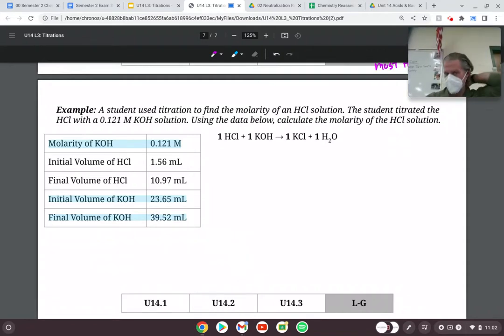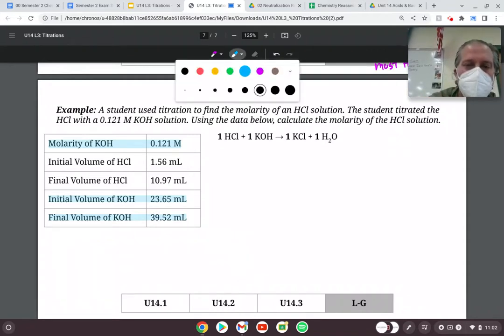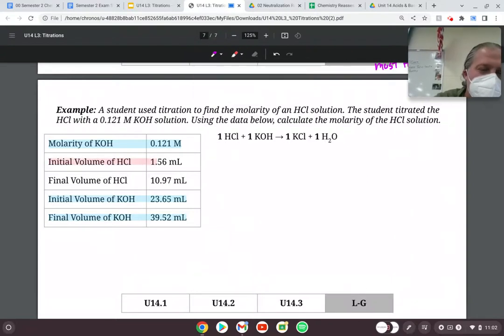We were also given the initial and final volume of the acid. And what we don't actually know is the molarity of the acid. So we're going to be solving for the molarity of the acid at some point.